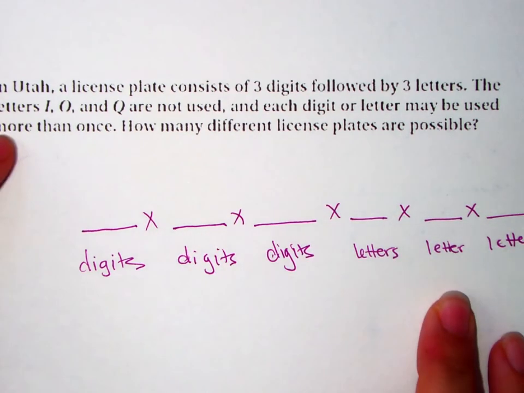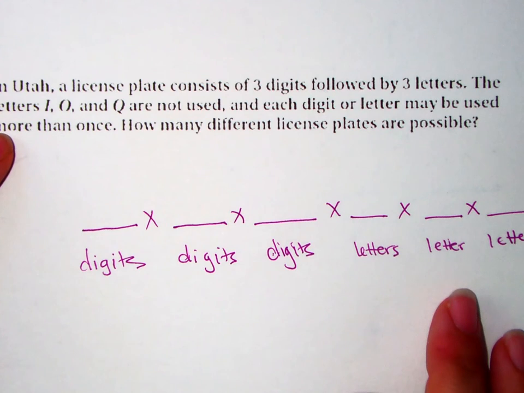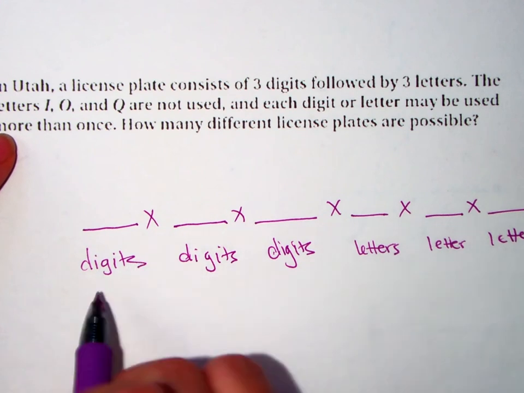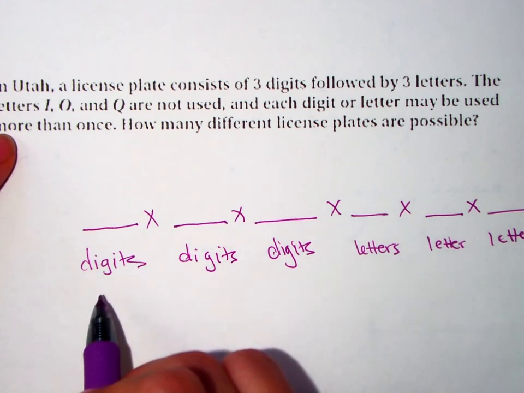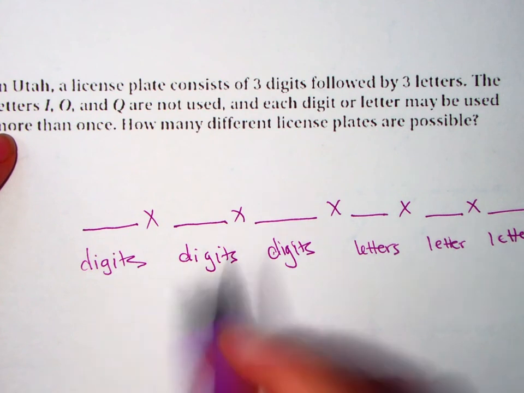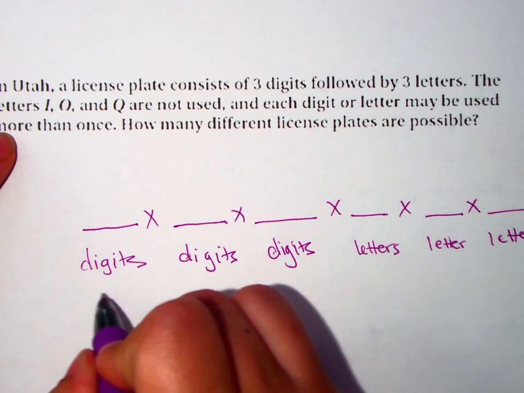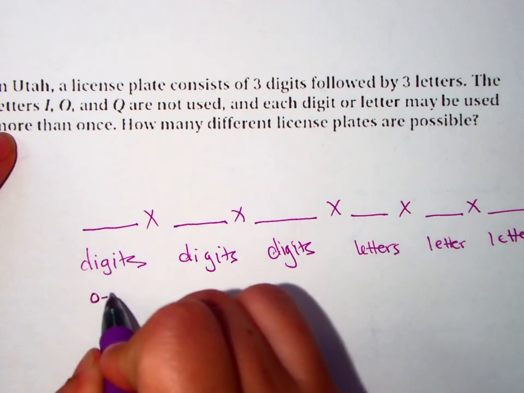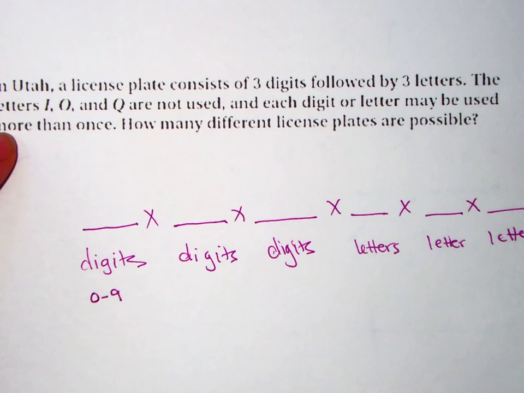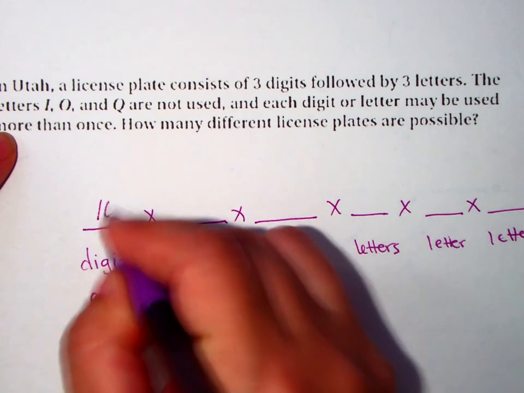Okay, the letters I, O, and Q are not used, and each digit or letter may be used more than once. All right, so for digits, okay, think about a lock combination. What are all of the different digits you can have on your little lock on your locker? Okay, so you have 0 to 9. How many digits is that? I'm counting 1, 2, 3, 4, 5, 6, 7, 8, 9, but I count 0, so there are 10 digits possible.